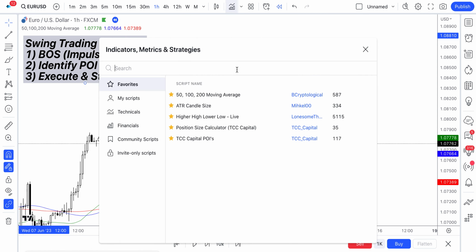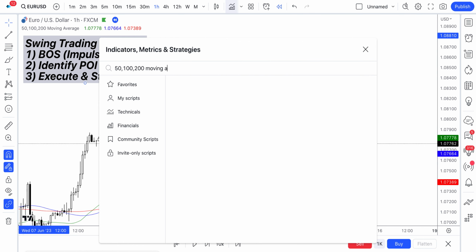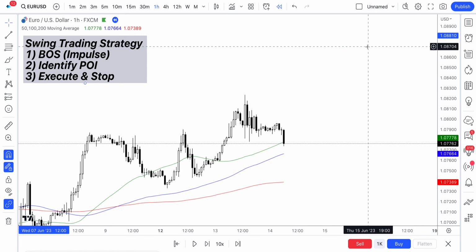If you type in 50, 100, 200 moving average, it's this one here by Cryptological. So store that, add that onto your chart. It's three indicators built into one, so you only need to use one of your indicator tabs and you can add all three to your chart.